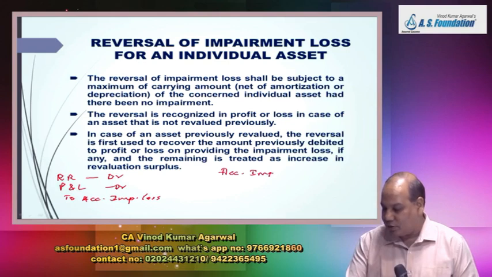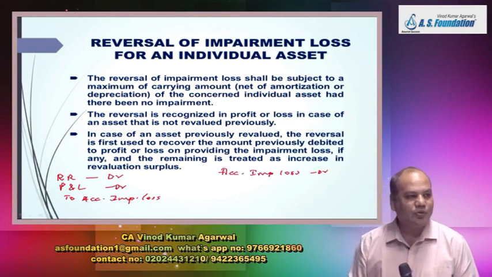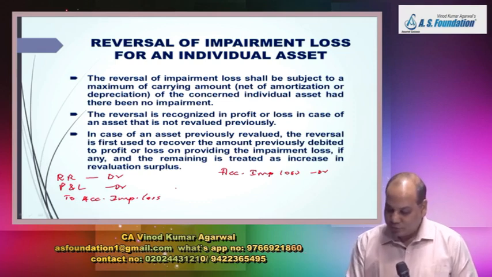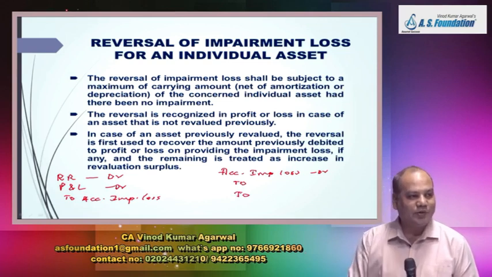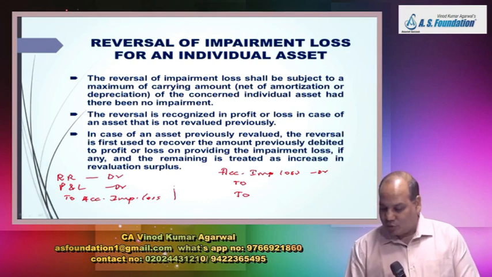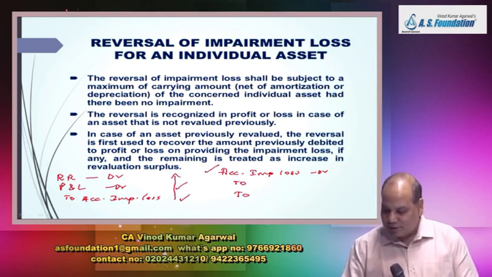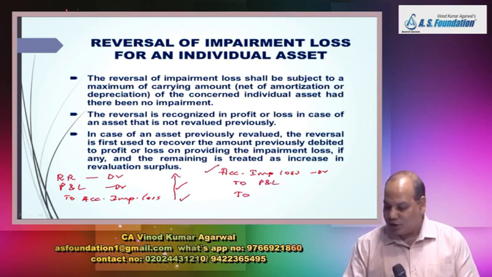Accumulated impairment loss. How much do you want to reverse? First you calculate that. And which of the two will come first, P&L account or revaluation reserve? So you are reversing. So first this will come, then this will come. So to P&L account. But how much?